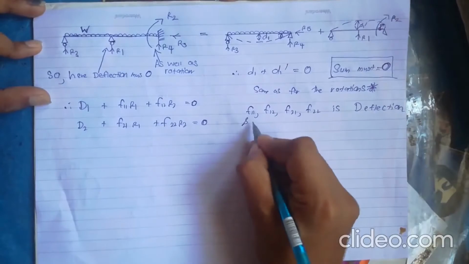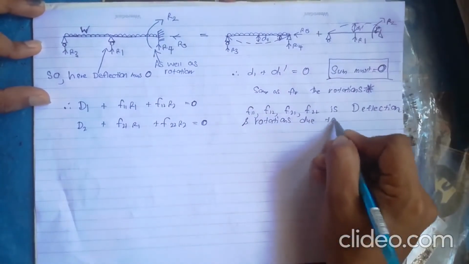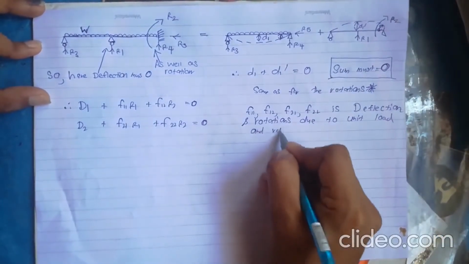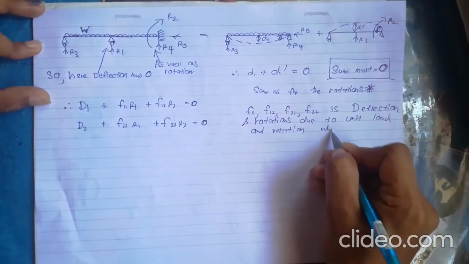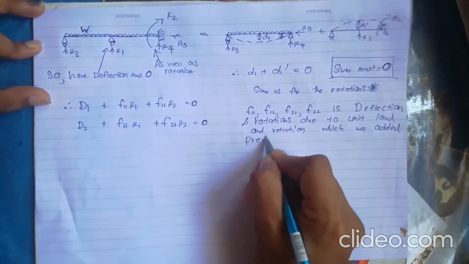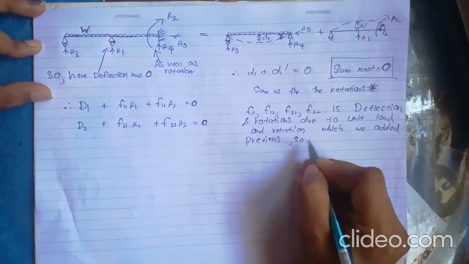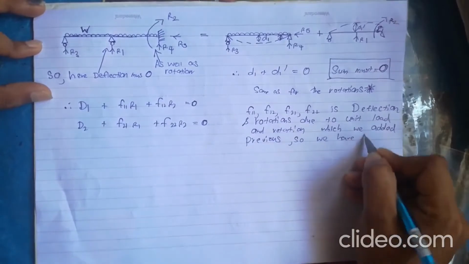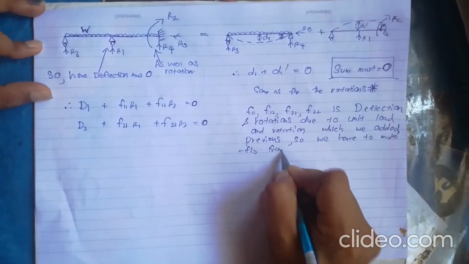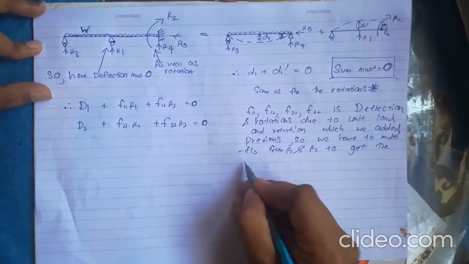We know what F11, F12, F21, F22 are. These are due to unit 1 reactions, which we assumed earlier. So, to get the correct deflection and rotation we have to multiply by R1 and R2.